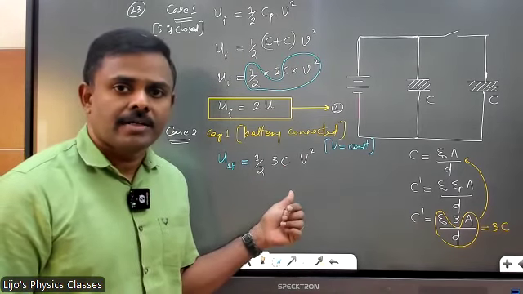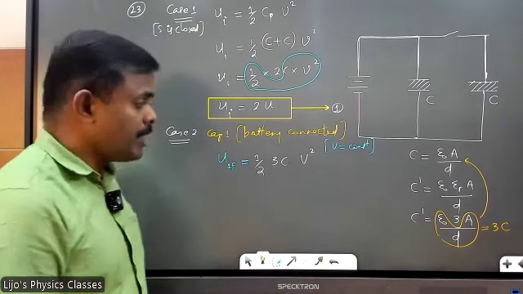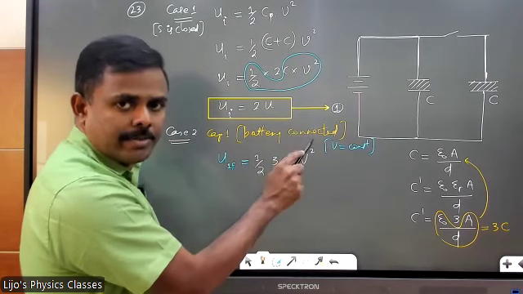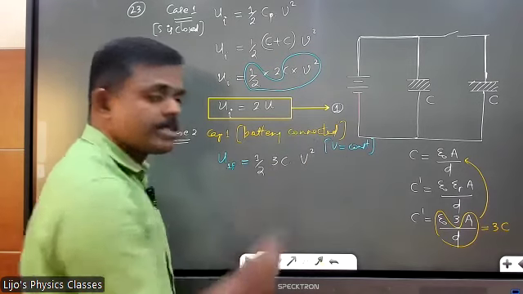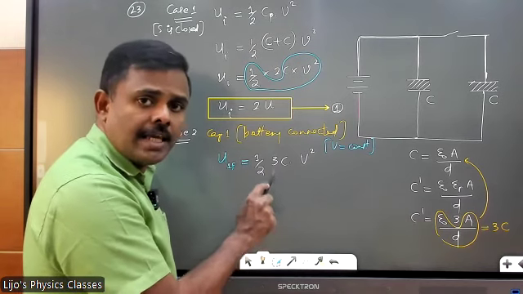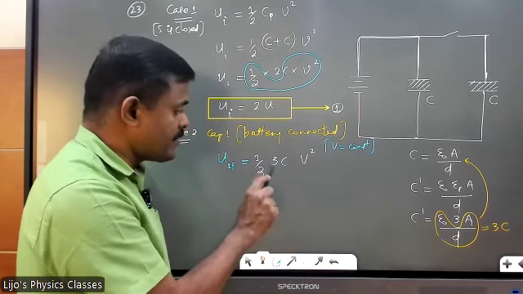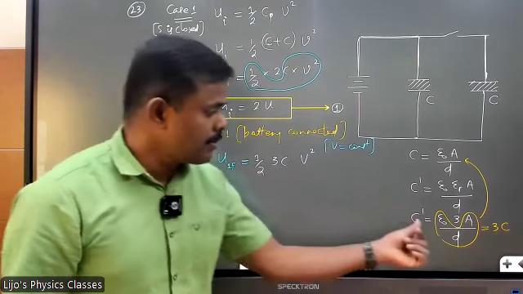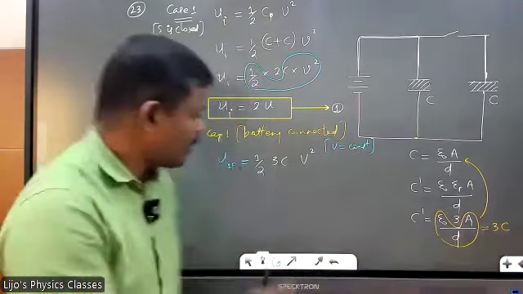Half CV square, because it is the battery connected case. Battery connected means voltage must be constant. So I must use half C V square. Not C. What is our new C? New C is 3C. That is why I put 3C there.